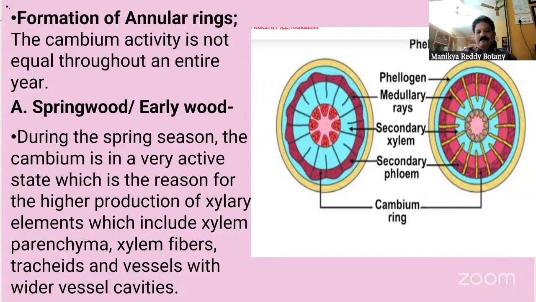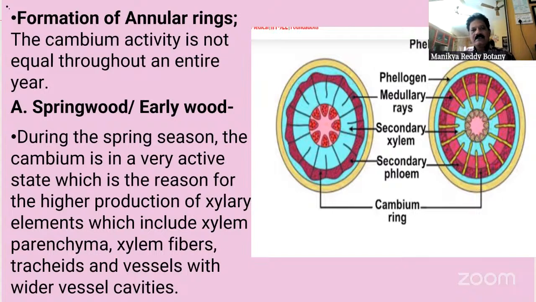The cambial cells are very active during spring season because they need more supply of water and food materials since the new leaves are forming.